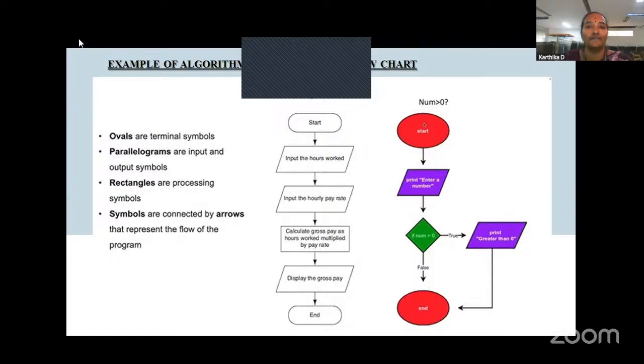Next, algorithm visualization. So what is algorithm visualization? It is a visual representation of an algorithm, using images like static images or animations, to help understand how the algorithm works.